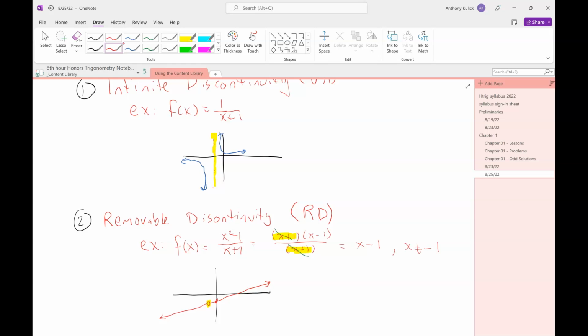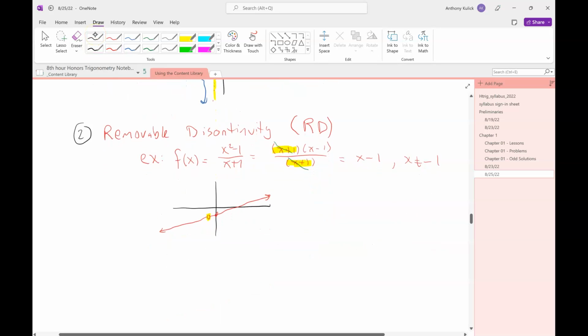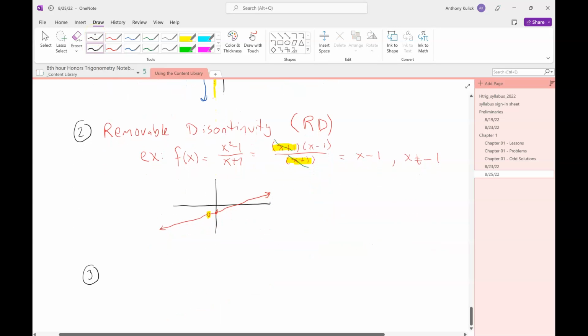It's equal to that except at -1, where it's not equal to anything. Do you remember kind of doing that in Algebra 2? This is good. I like seeing heads bobbing. Yes. The last one is the one that we haven't seen before, I'm guessing.